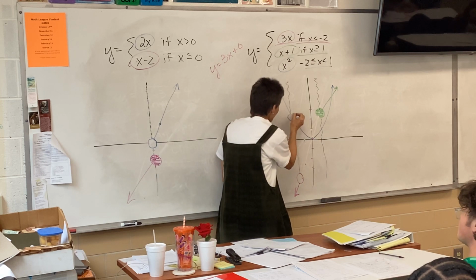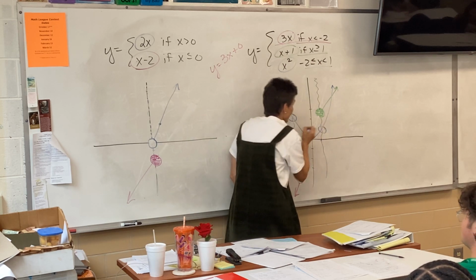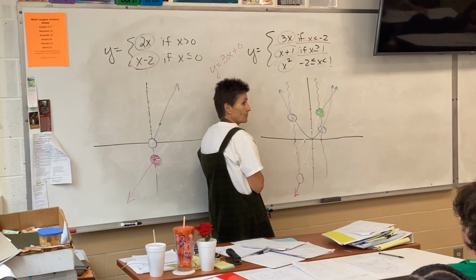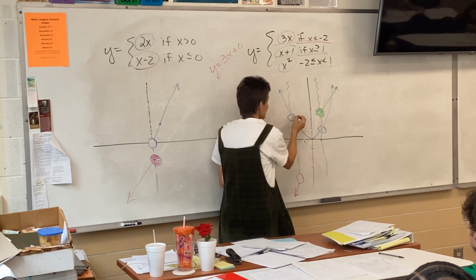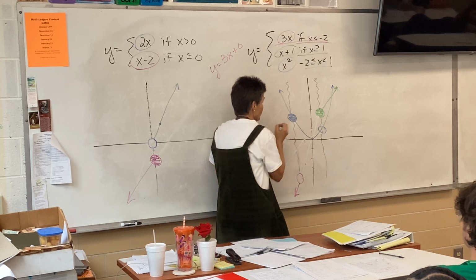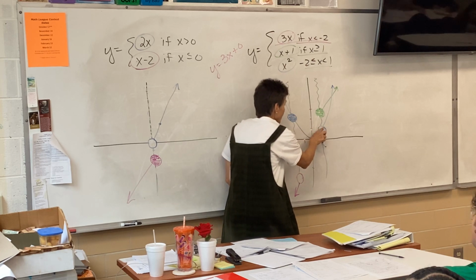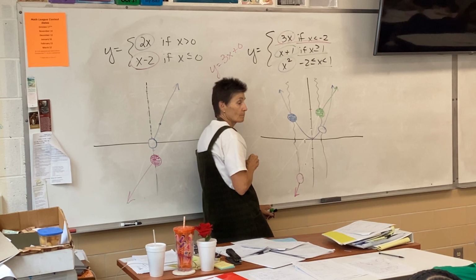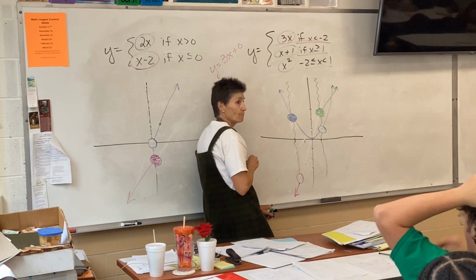So here we have a dot, and here we have a dot. Open or closed? Closed on the -2, but open on the 1. What am I keeping?